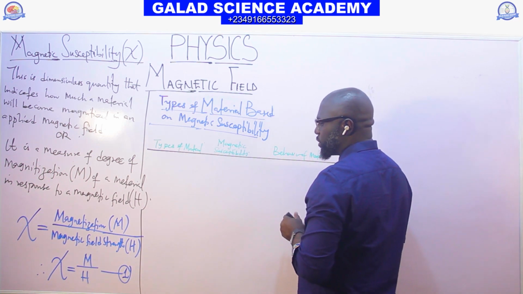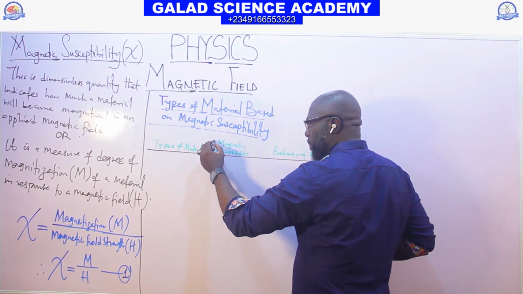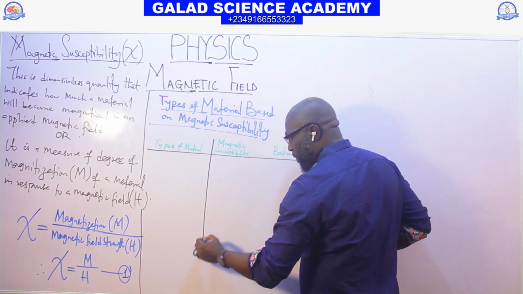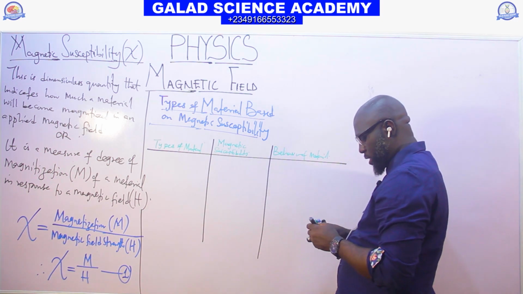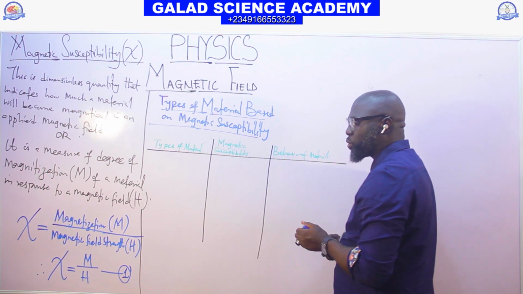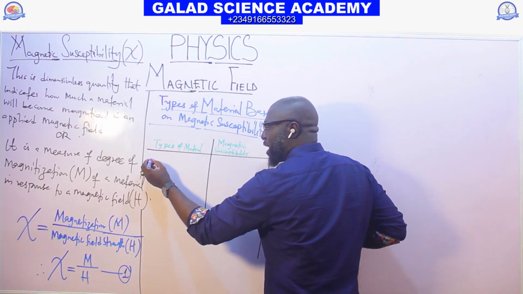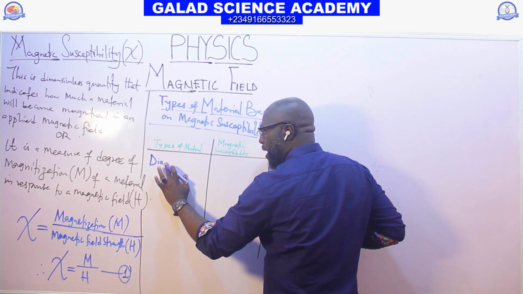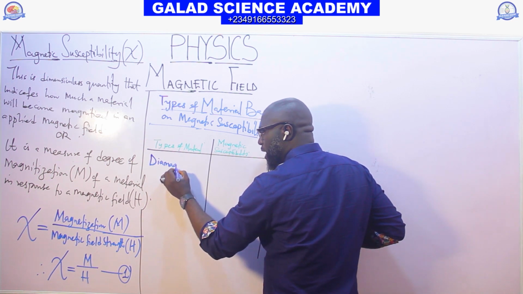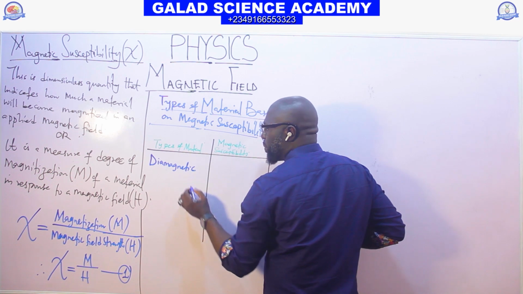If we have it in this form, the first material we have is diamagnetic material.